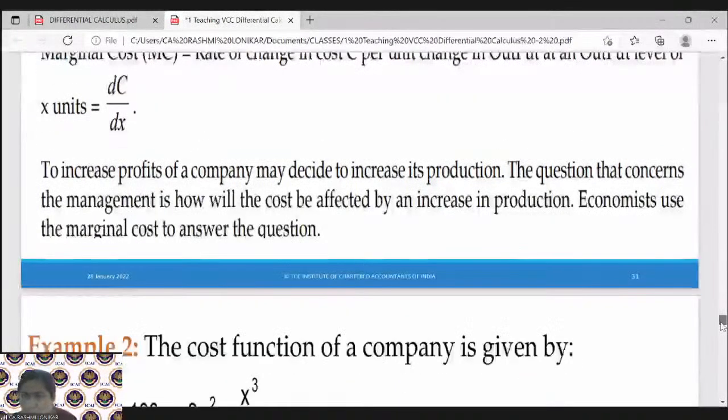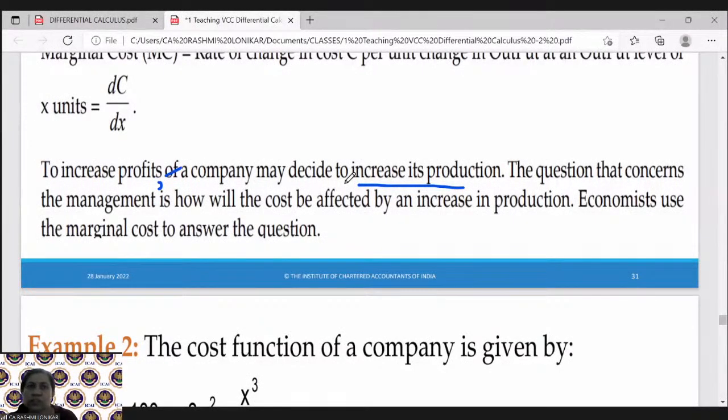To increase profits of a company, the company may decide to increase its production. Now, once you increase production, what will happen? Your cost is also going to increase because your variable cost per manufacturing is going to increase.